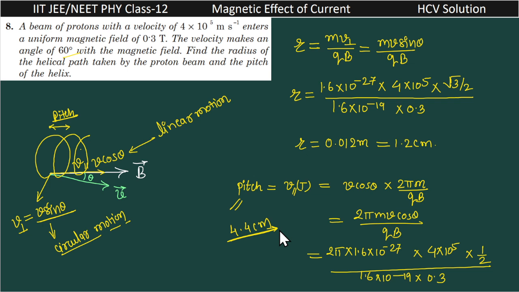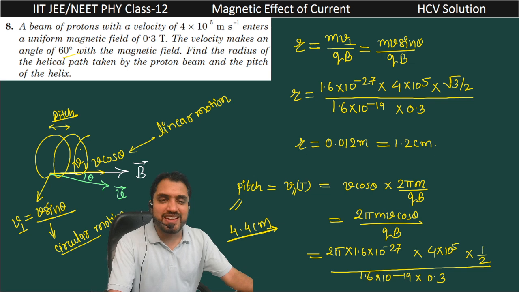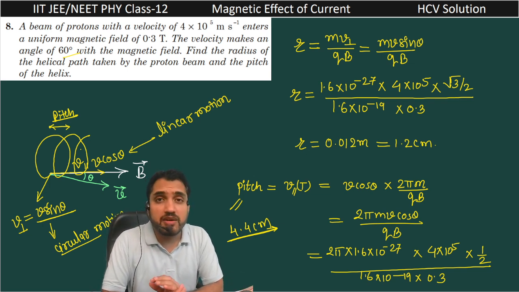So in this case, whenever a charged particle has velocity at angle theta with the magnetic field, it will perform a helical path, helical motion.